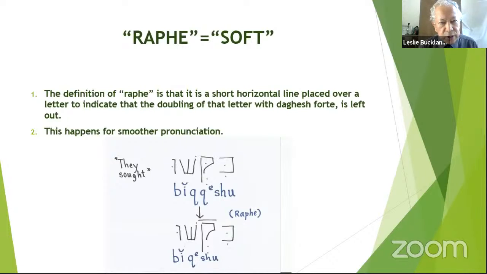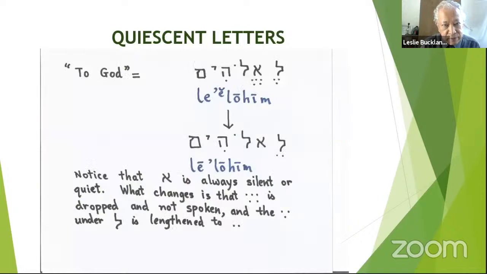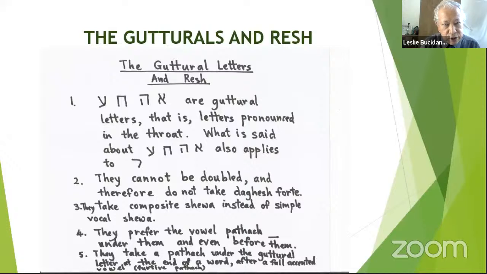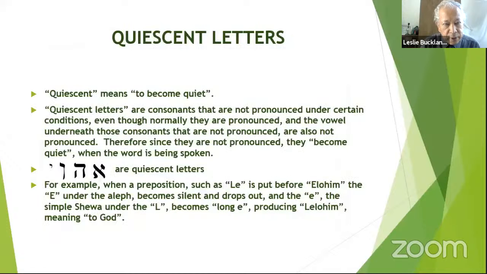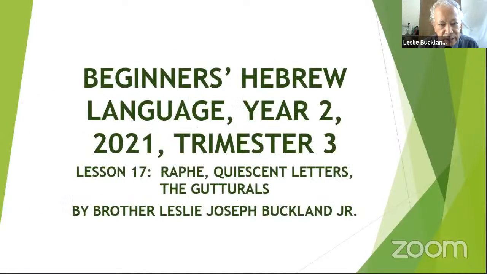What I want you to do for this lesson then is to study Rafe, Quiescent Letters, and the Guttural Letters and Resh, just those few pages, in preparation for a test on this lesson next week. So that is your assignment. You will have a test on lesson 17, and I will send this to you later on today.